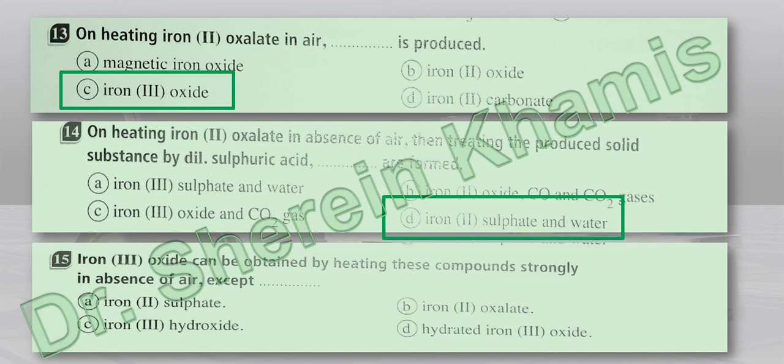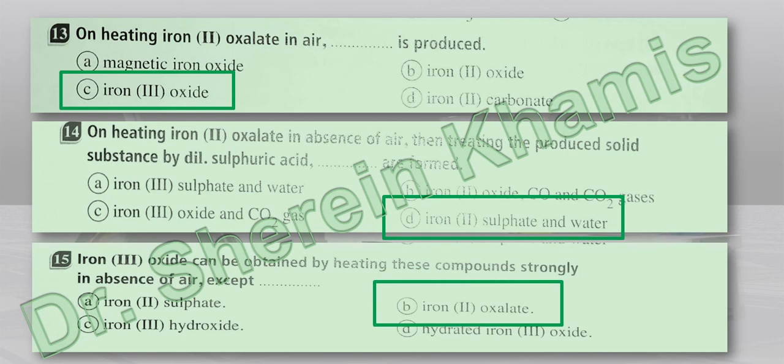The last question of our lesson today. Iron 3 oxide can be obtained by heating these compounds strongly in the absence of air, except which of them? We said before that iron 2 oxalate gives iron 3 oxide, so which one will not give iron 3 oxide?